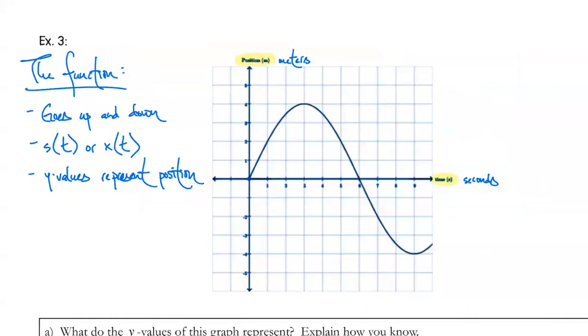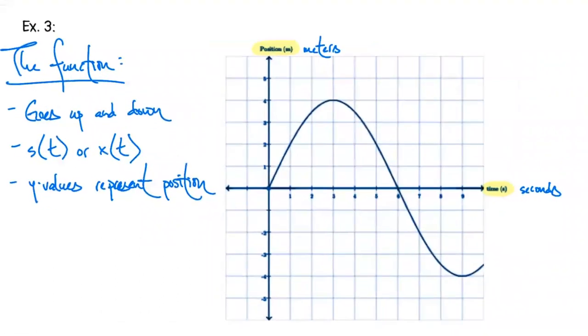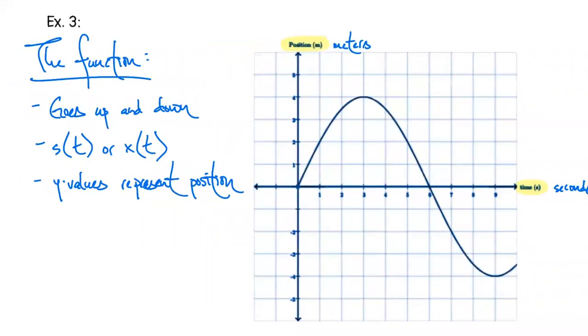What else do we notice before we even look at the questions? Are there any other things on the graph that seem to pop out for you? Possibly an odd function. That's a great observation. We talked about even and odd functions yesterday.